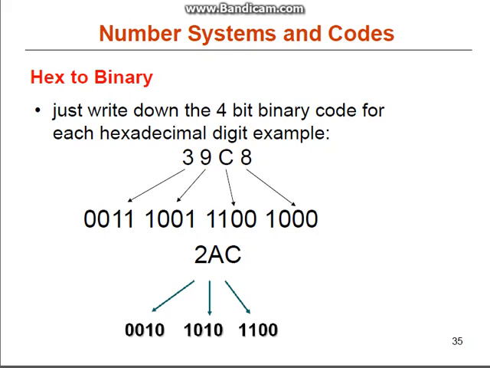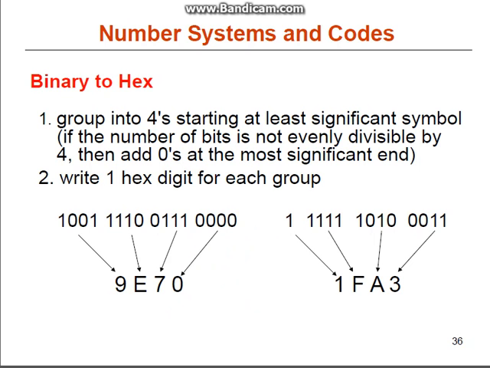So for anything that has no value at the front, you just fill it up with 0. Therefore, it becomes 0011. So basically this number here of base 16, the equivalent binary form is this one of base 2. I hope you understand this part here.